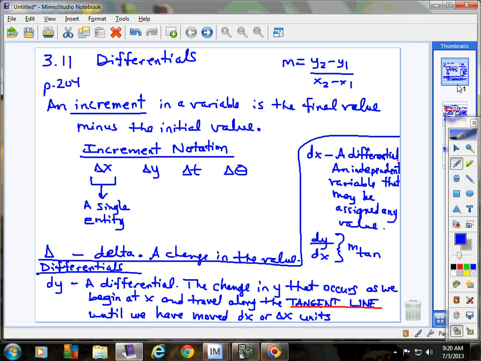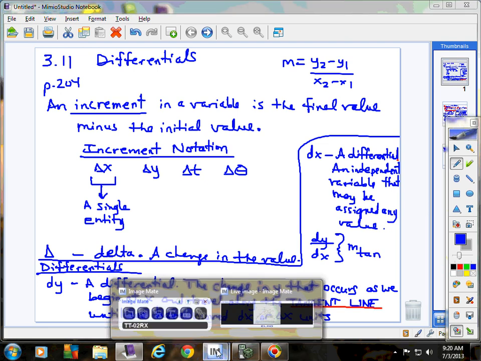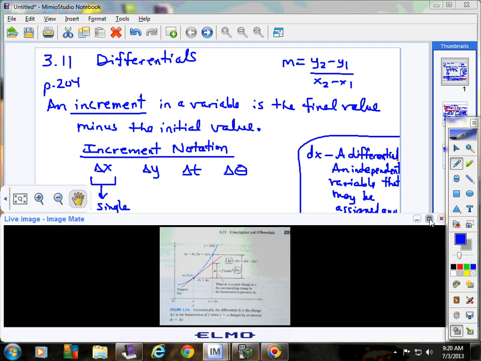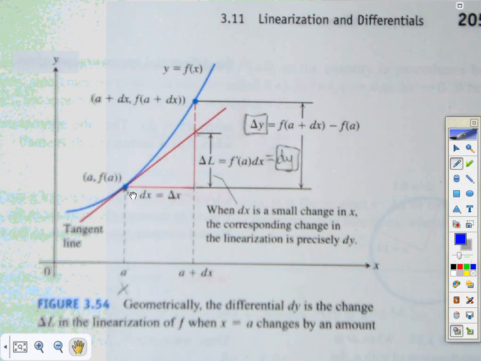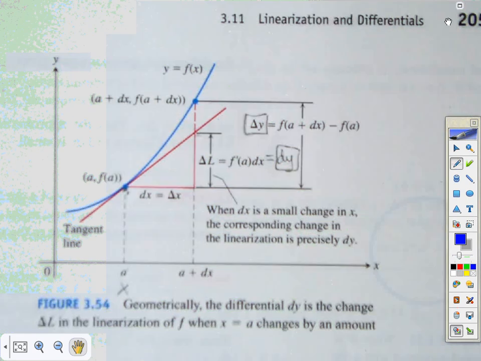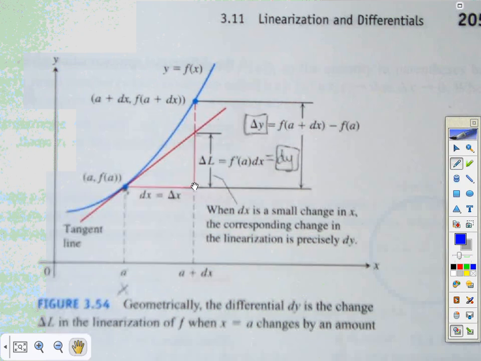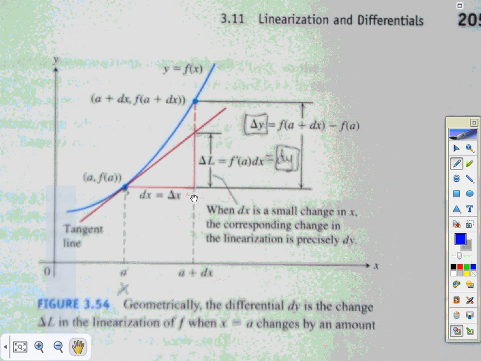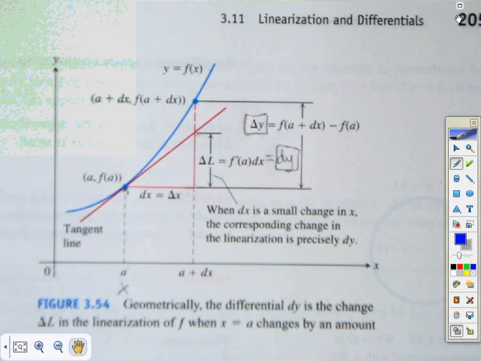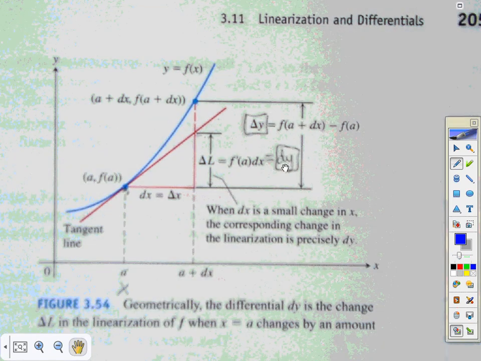Right here, dx is. dx is right here. It's that distance from there to right there. So we all agree this is a little the same.